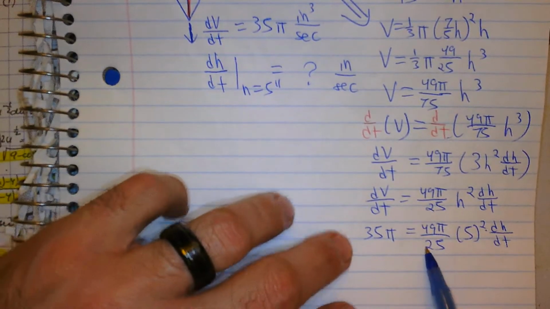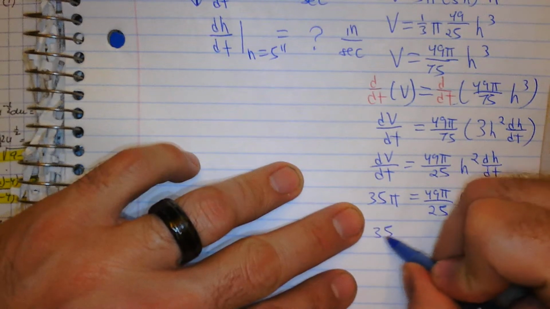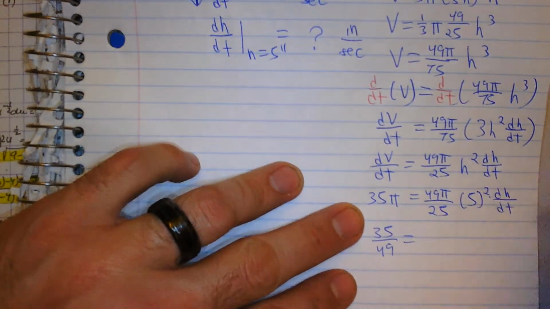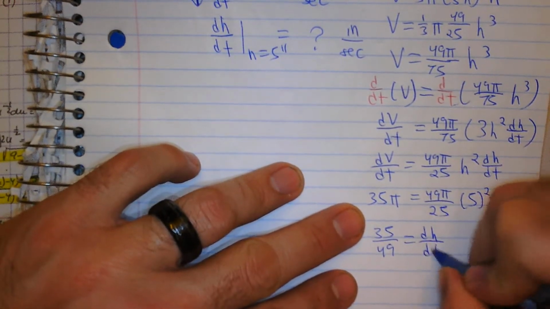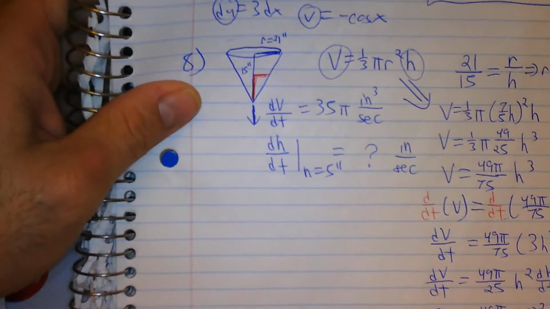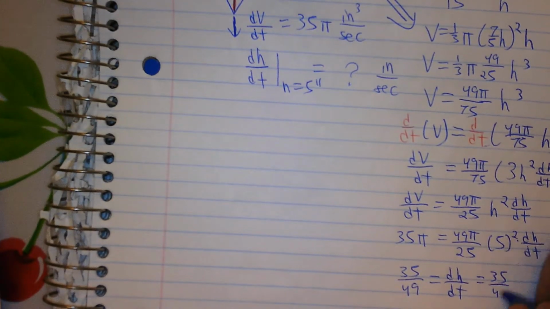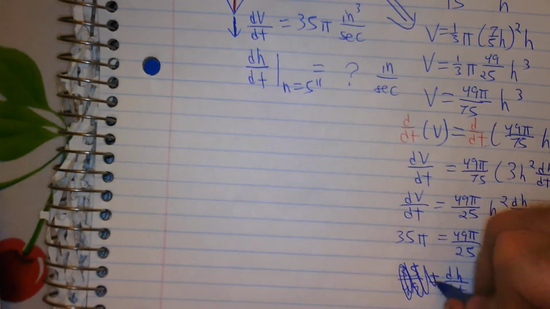Okay, 25 divided by 25, that's going to go away. And so you're going to wind up with 35 divided by 49 is equal to dh/dt. What will my units be? Exactly what I told you. Inches per second. This is 35 over 49 inches per second. That's how we should write it.